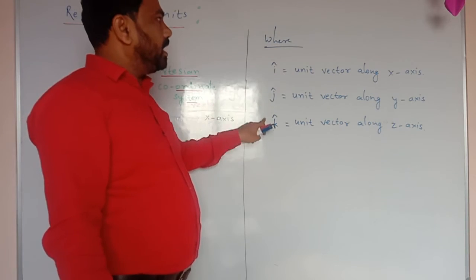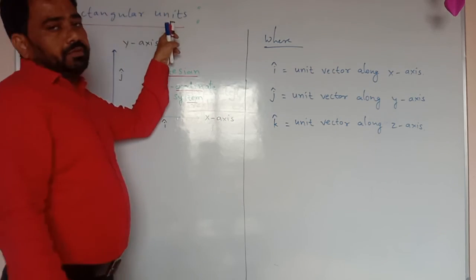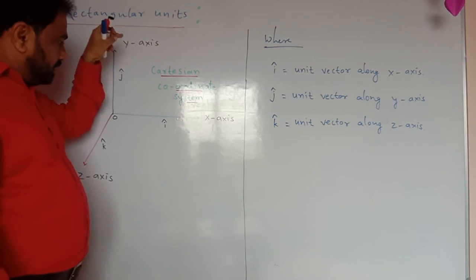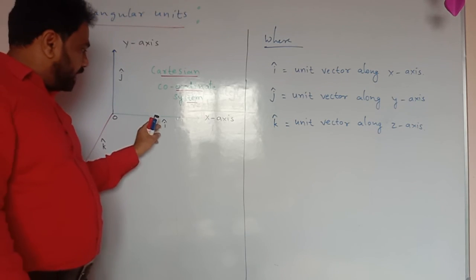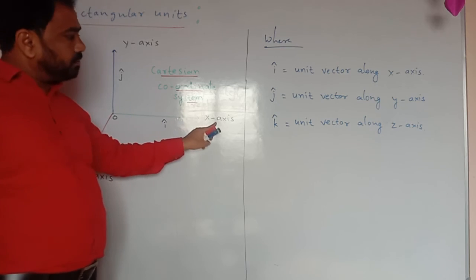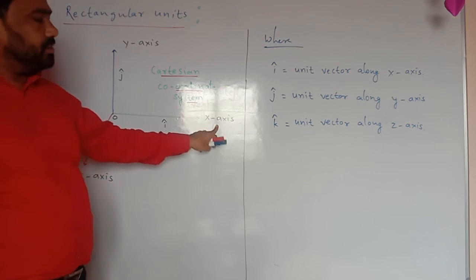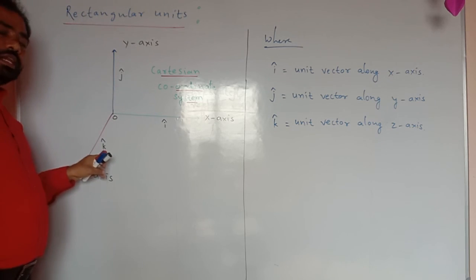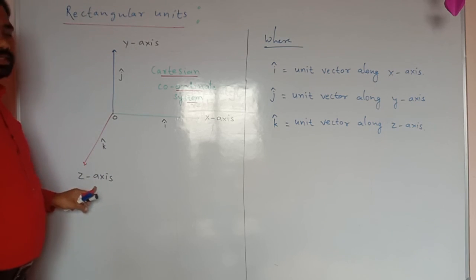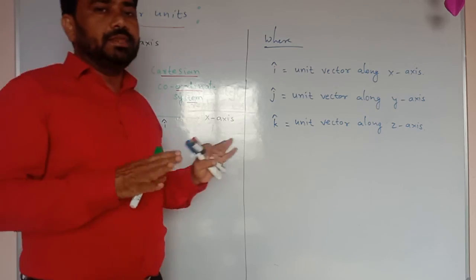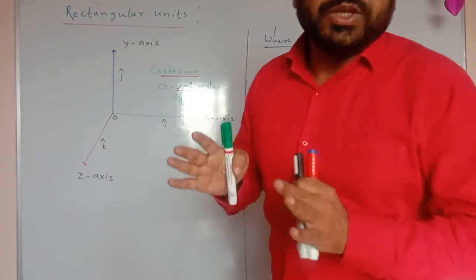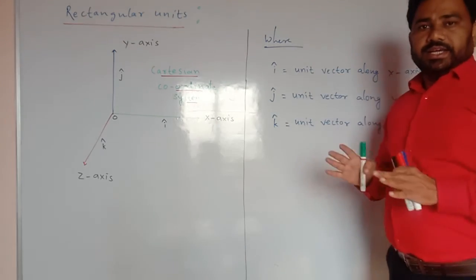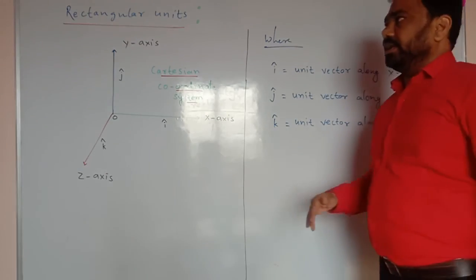These are called rectangular units. In rectangular units, i cap is always used for the x-axis, j cap for the y-axis, and similarly k cap for the z-axis. So i cap, j cap and k cap are nothing but unit vectors for the x, y and z axes. So this is about rectangular units.